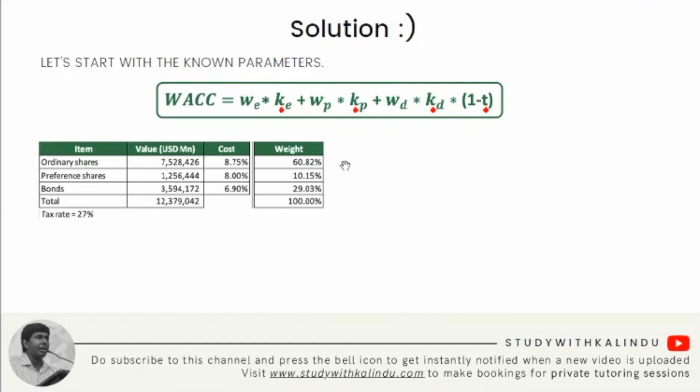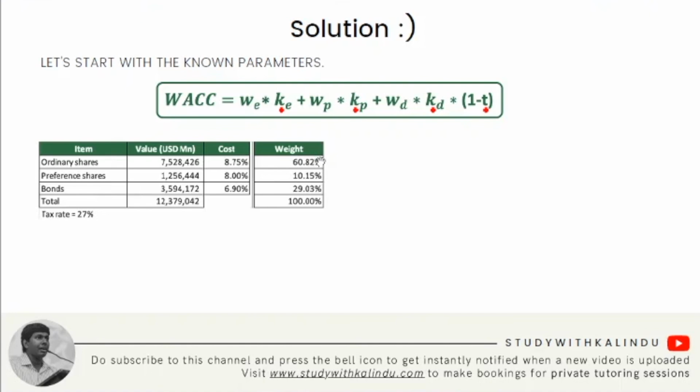Similarly, you can divide 1,256,444 by 12.3 million, which will give you 10.15% as the weight of preference shares. The weight of bonds would be 3,594,172 divided by 12,379,042, which gives you 29.03%.